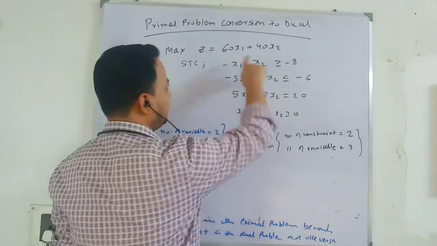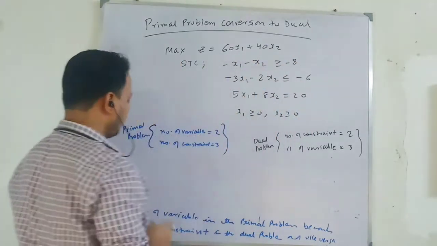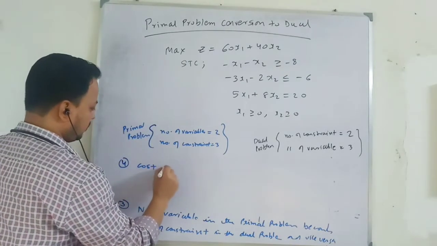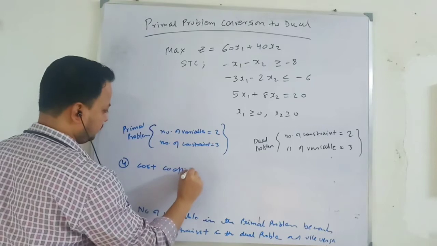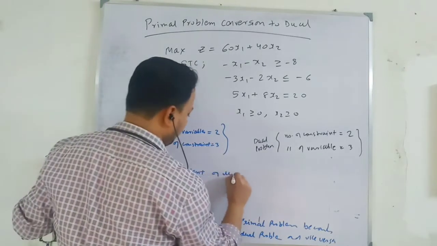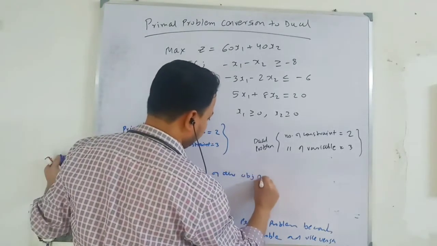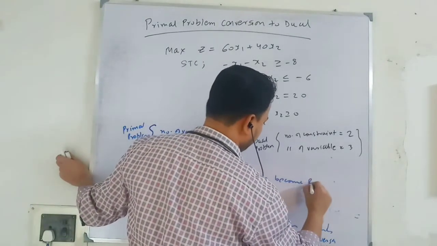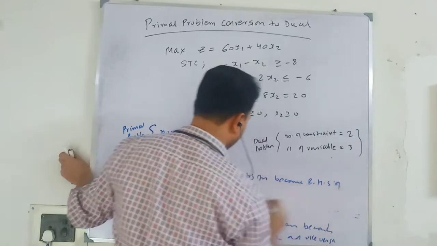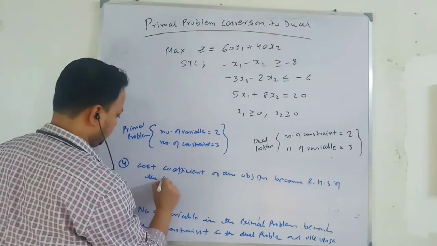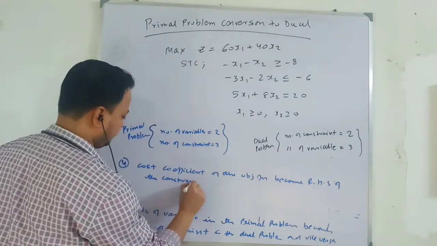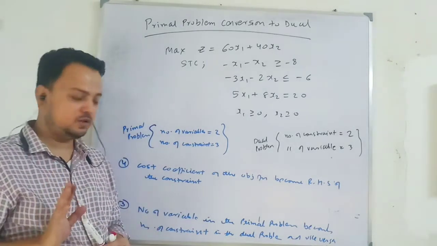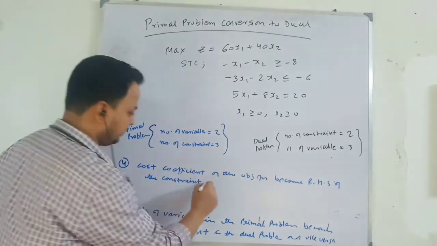So in the dual problem, write down the first point: cost coefficient of the objective function become right hand side of the constraint, and vice versa.